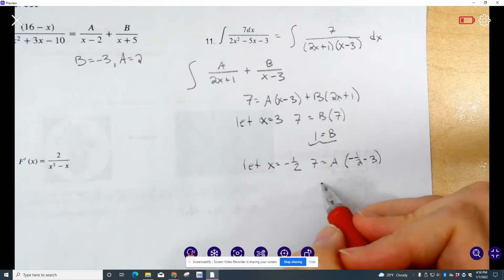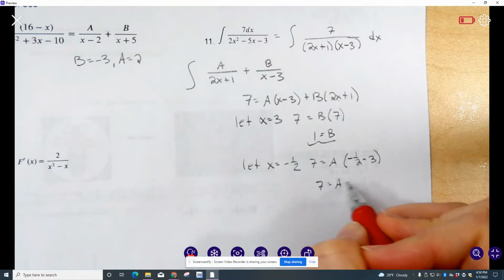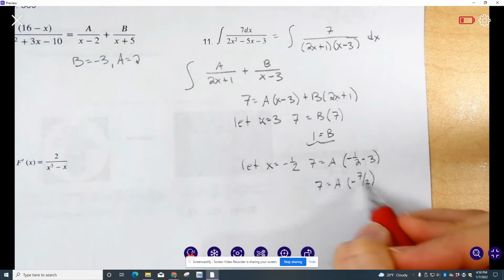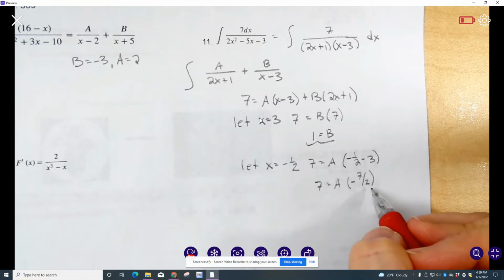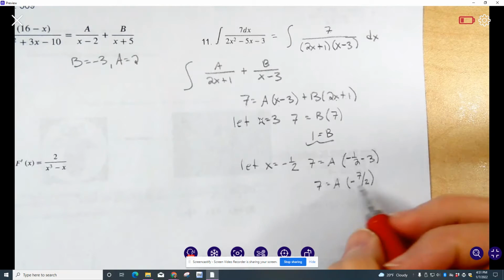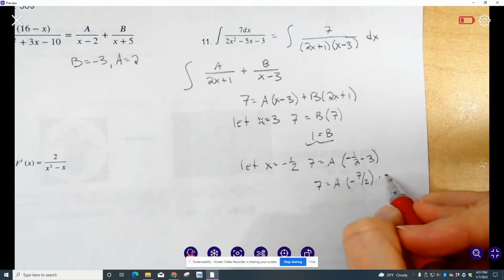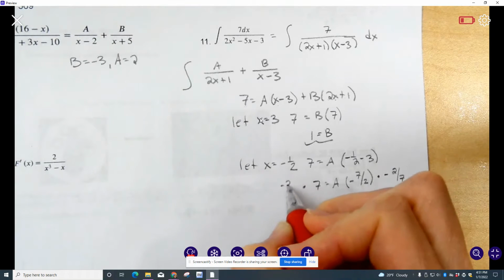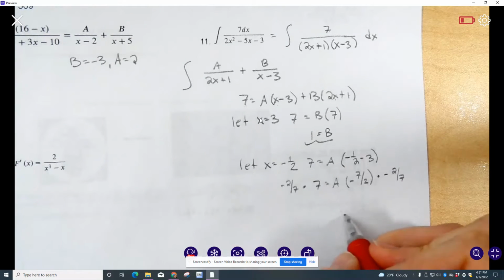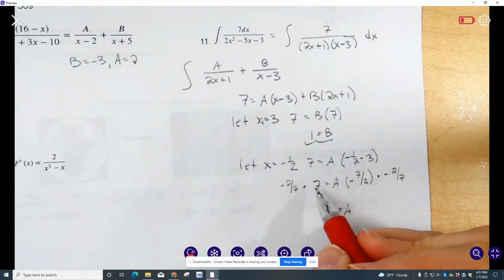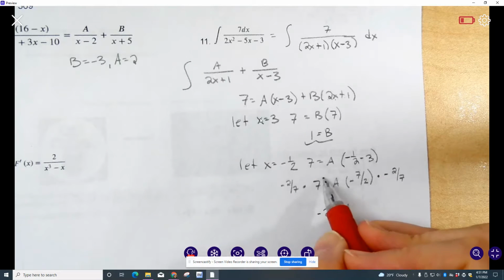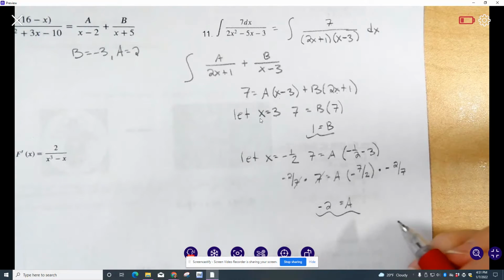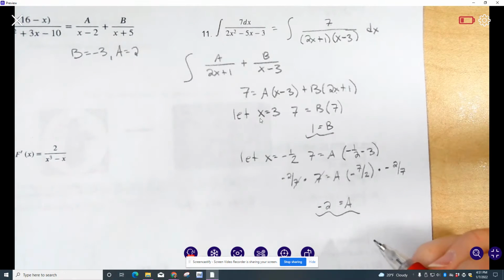So this is 7 equals a times -7 over 2. Multiply both sides by the reciprocal, or -2 over 7, and I get a equals -2 because 7 on the top and 7 on the bottom, 1 out.